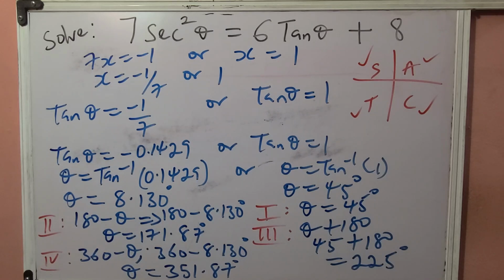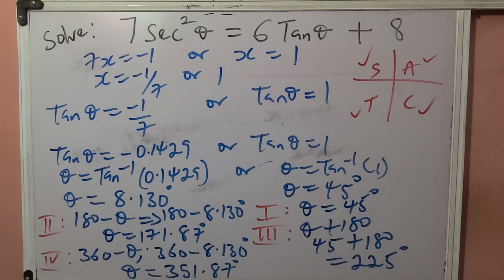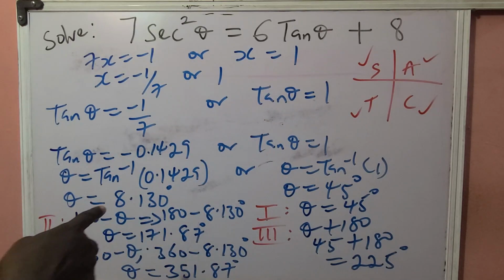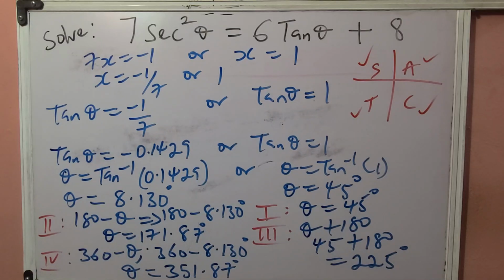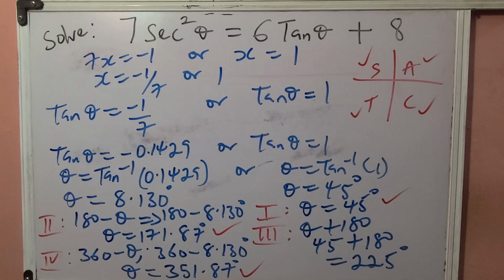So we can go on to say now that our theta value, don't forget, this will not be included. I told you already that the quadrant is what determines what our theta value will be, not whatever we got initially. Until you investigate using the quadrant, you will not conclude on the answer. So in this case, we got theta to be 171.87, that's one of our answers. We also got 351.87, that's another. From our first quadrant, we got theta to be 45, that's another answer.